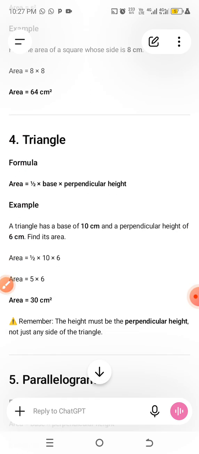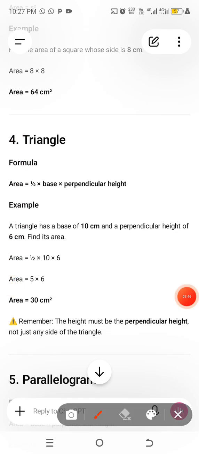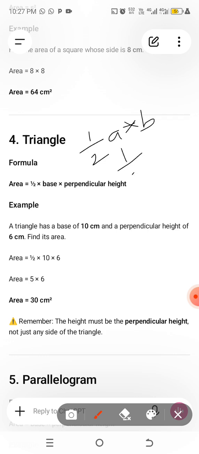Let's take triangle. The area of a triangle equals half a times b. Yeah, half a times b.